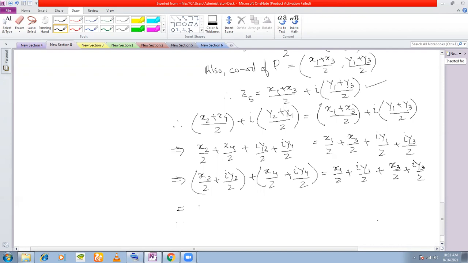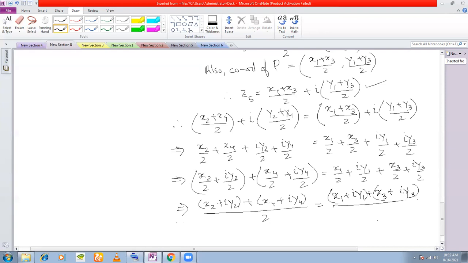So this becomes X2 plus I Y2 plus X4 plus I Y4, whole divided by 2, is equal to X1 plus I Y1 plus X3 plus I Y3, all divided by 2.